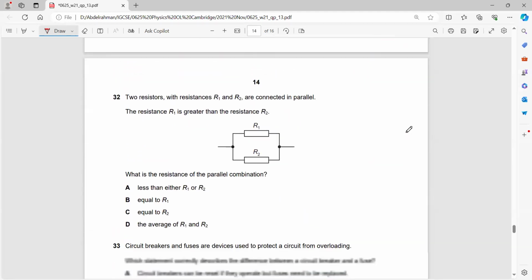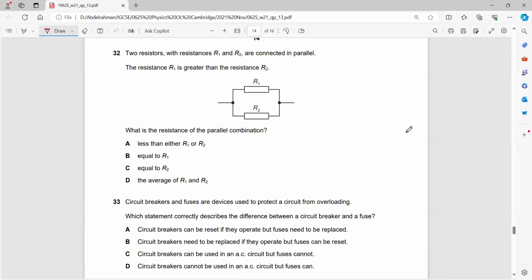Question 32. We have two resistors, R1 and R2, both connected in parallel. What's the resistance of the parallel combination? Whenever we have a parallel combination, the total resistance has to be less than either R1 or R2.